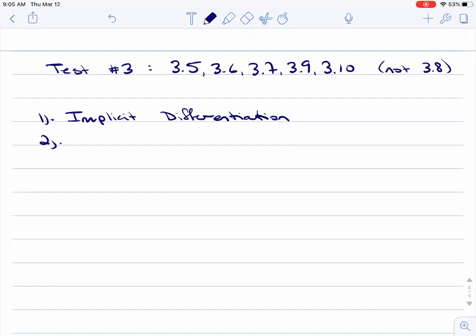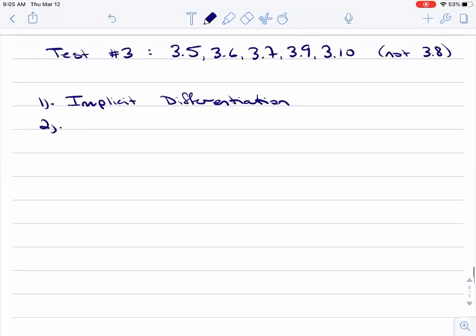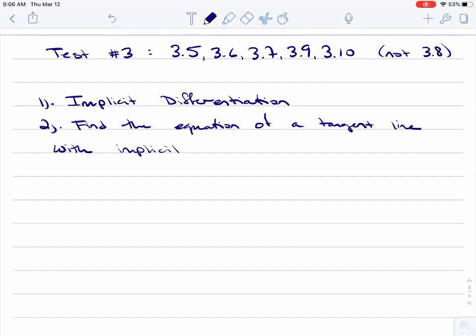Question 2 is going to be, you have to find the equation of a tangent line. Whoa, sounds familiar, right? With implicit differentiation. Find the equation of a tangent line with implicit differentiation.